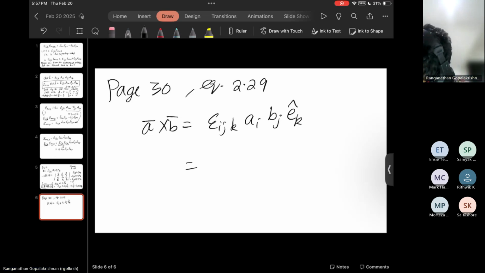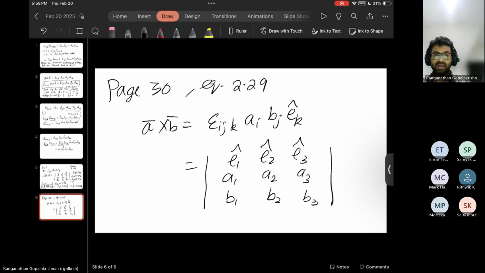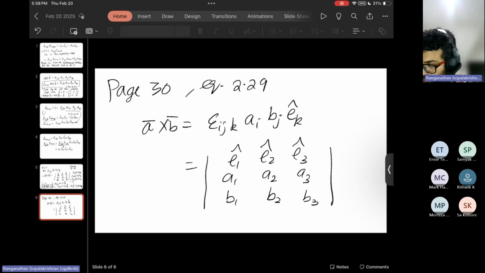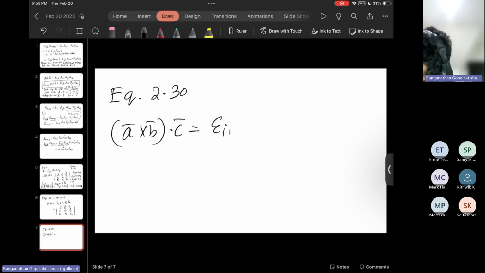That is the same as writing E1, E2, E3, A1, A2, A3, B1, B2, B3. So I take this as my starting point. One equation next, equation 2.30 of the same page, A cross B dot C gives me epsilon ijk ai bj ck.